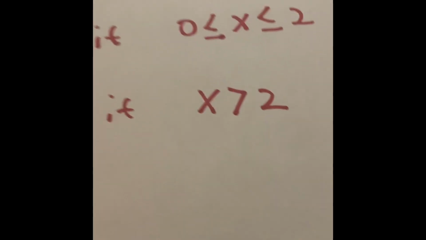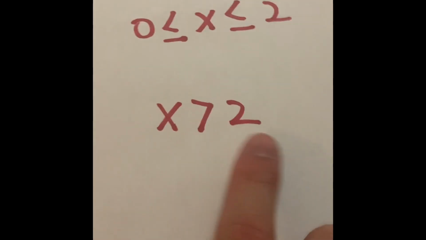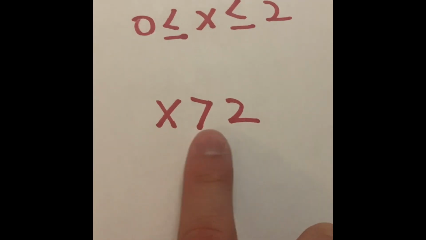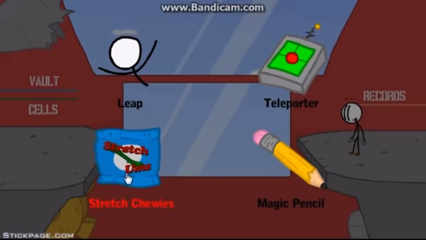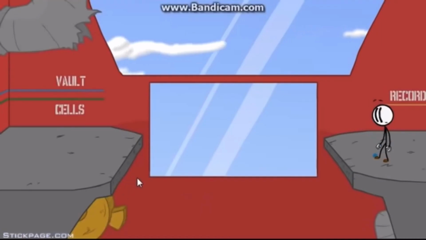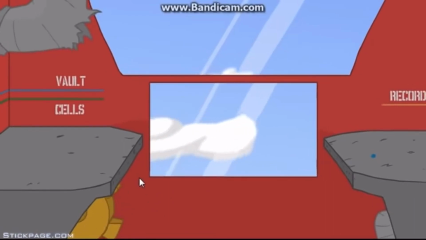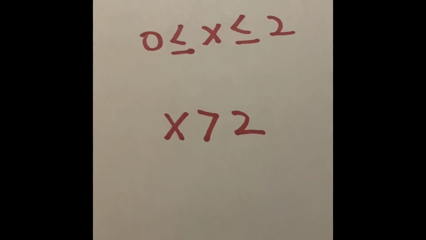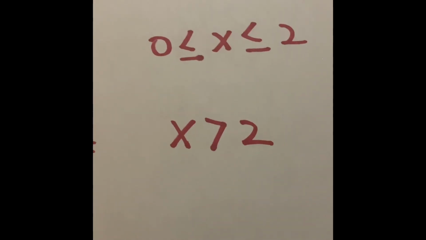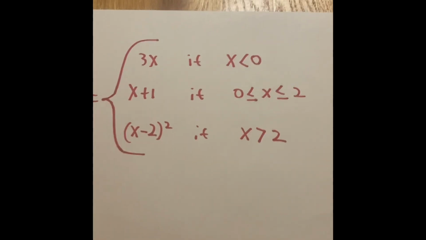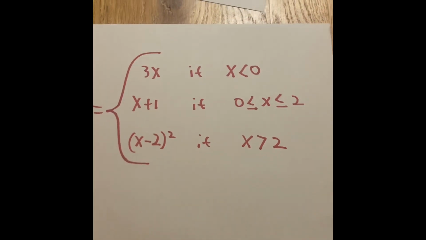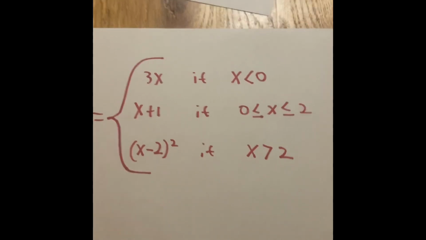How about the bottom one? If x is greater than 2, is 2 greater than 2? I don't think that's a good option either, because 2 is the same thing as 2, which is not going to work. How about the middle one?